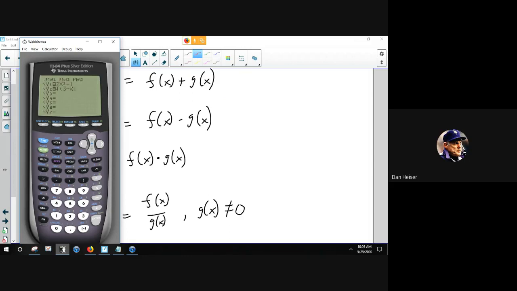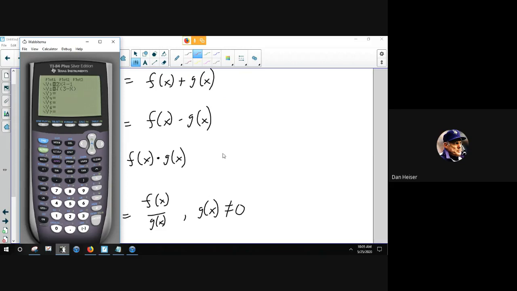Okay, and here they are. Here's the first function, here's the second function. 2x squared minus 1 and the square root of 3 minus x. And there they are. I'm going to make a third function that is going to be one of these four operations.